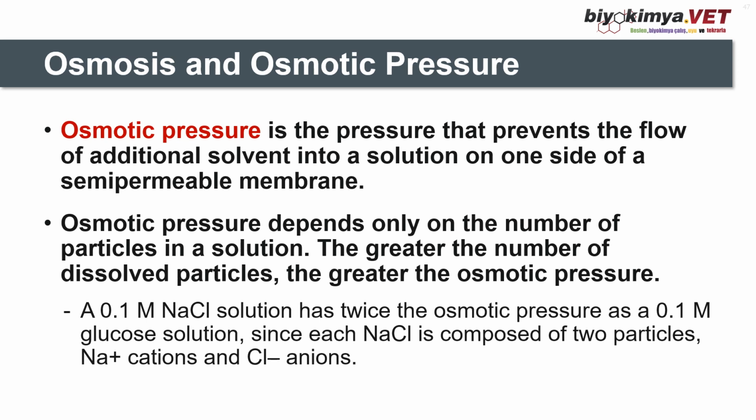But in glucose, only one particle is dissolved in a molecular state. So the osmotically active number of sodium chloride is greater than that of the glucose solution, and thus provides more osmotic pressure.